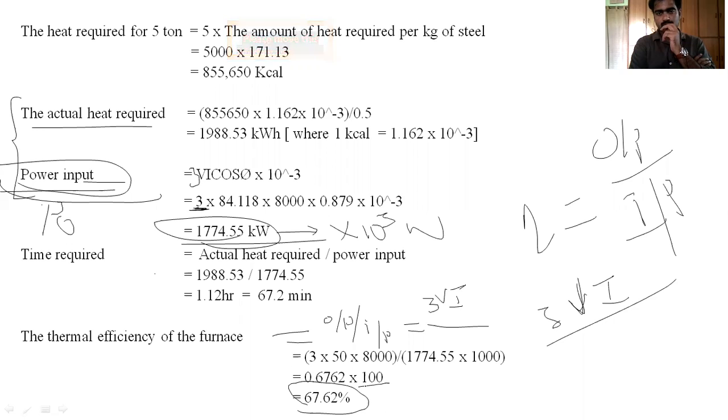So we shouldn't consider that latent heat completely for the furnace. There is one important thing you have to note there. We have to calculate the heat required per kg and also the heat required for the total amount, just by multiplying the amount of heat required per kg by the total amount he has given.